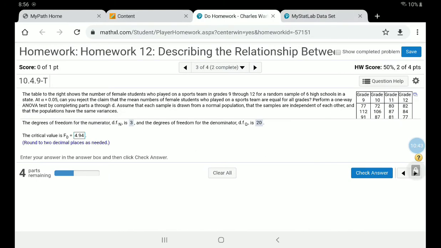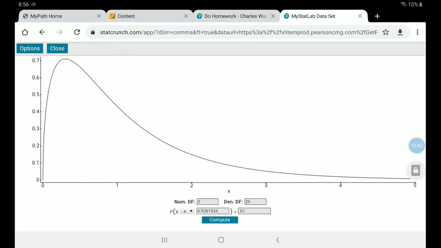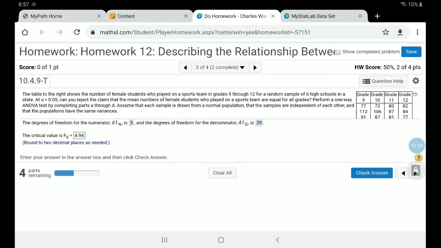Critical value, rounded to 2 decimal places, 4.94. Let's check the alpha value.